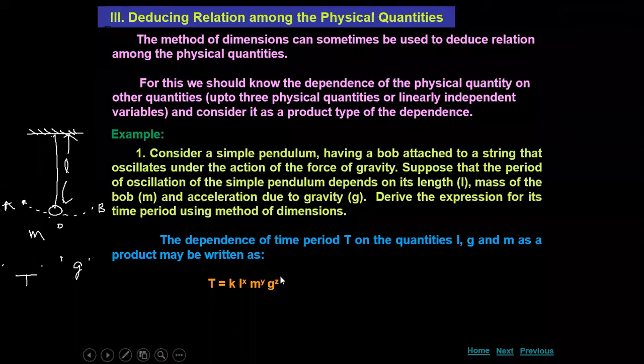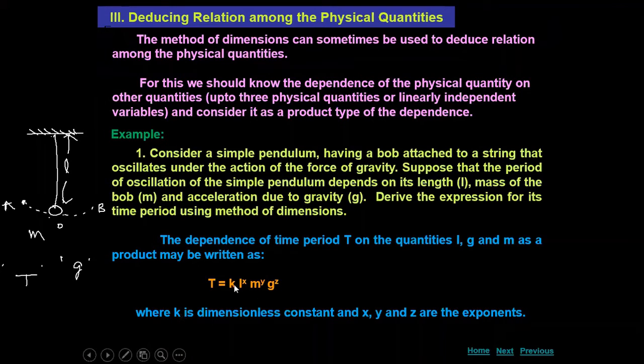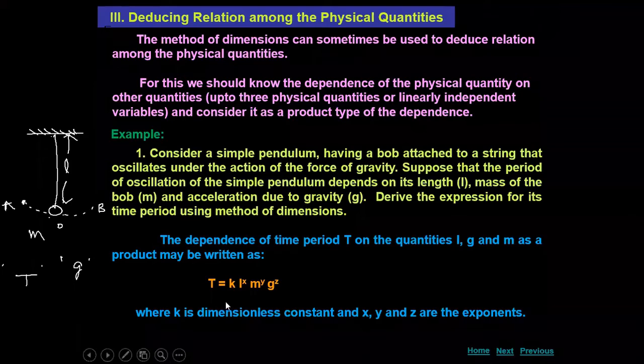If we substitute these dimensional formulas, we will find one relation among them. As I said, x, y, z are some variables, and k is some constant. We are not going to find the constant value by using dimensional analysis. We will just say that there will be some constant.